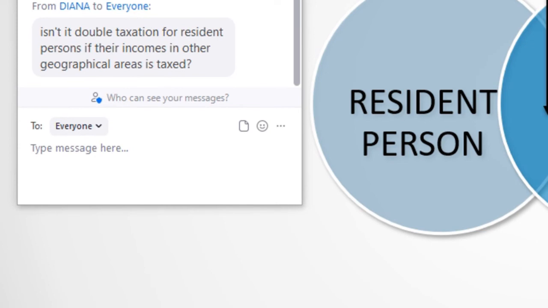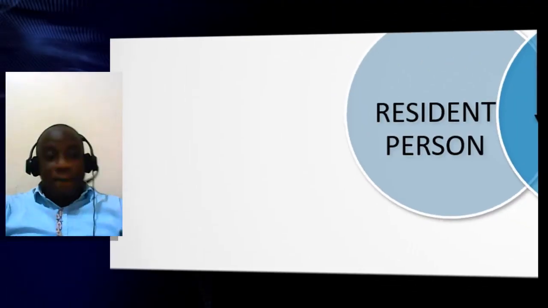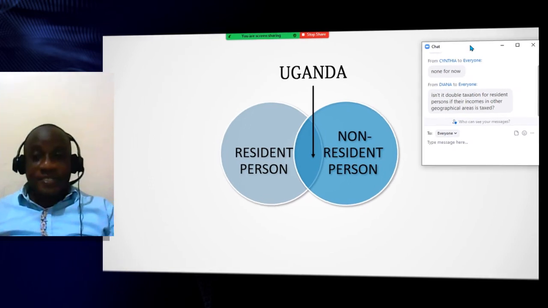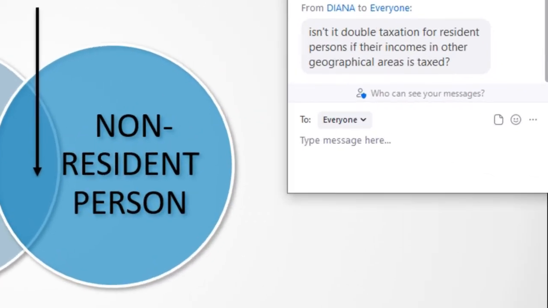Indeed, this would amount to double taxation. But as we are going to see, the law provides for relief in case you have paid taxes in other jurisdictions.